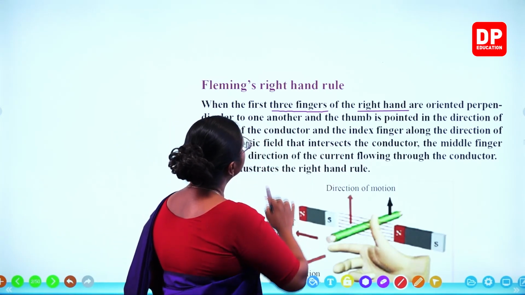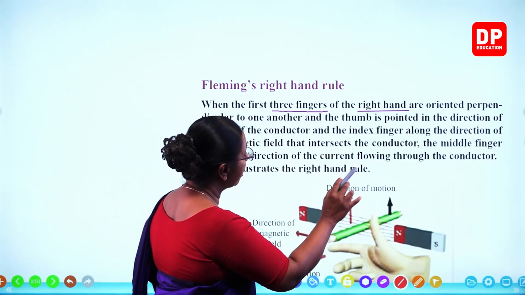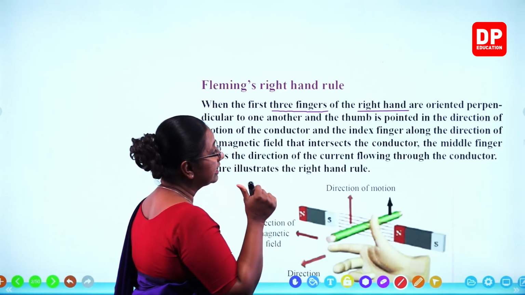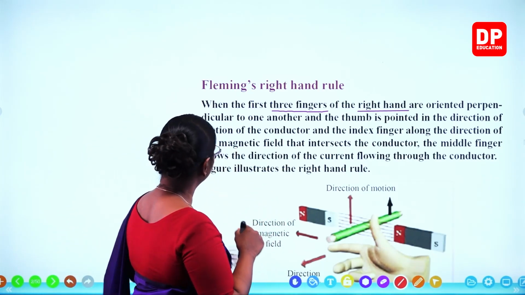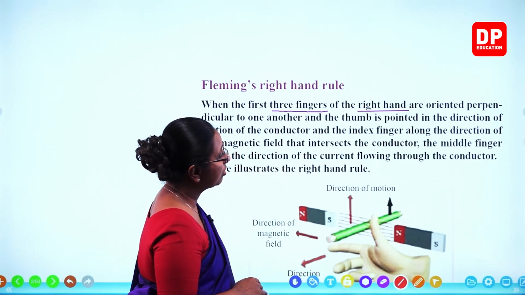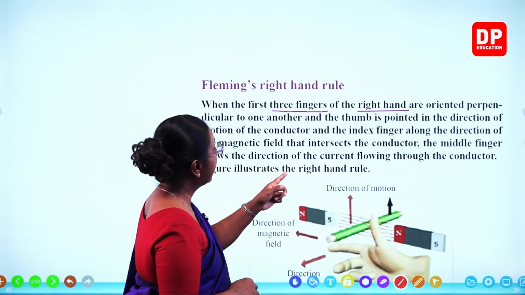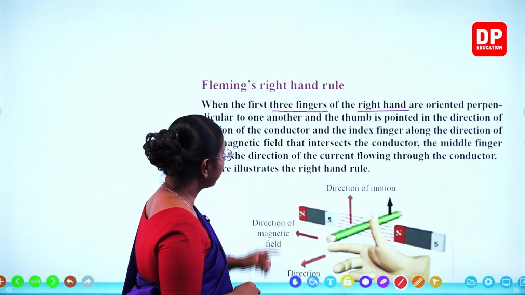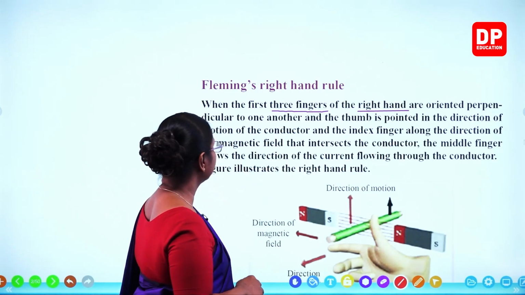So when the first three fingers of the right hand are oriented perpendicular to one another, and the thumb is pointed in the direction of motion of the conductor, and the index finger along the direction of the magnetic field that intersects the conductor, the middle finger shows the direction of the current flowing through the conductor.